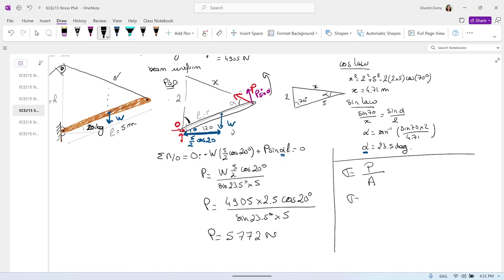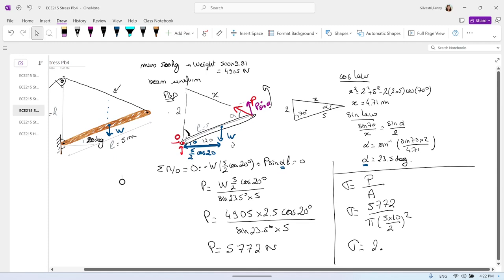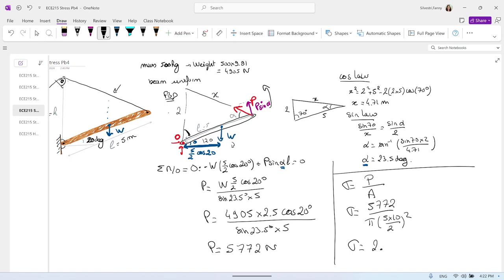So sigma equals 5,772 divided by pi times the 5 centimeters, so 5 times 10, divided by 2 because this is the radius squared. When we get that, we get 2.9 megapascal.